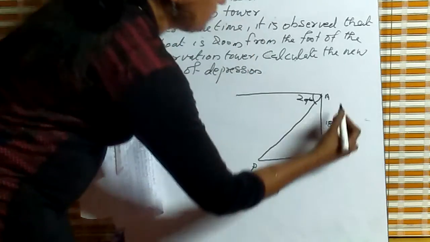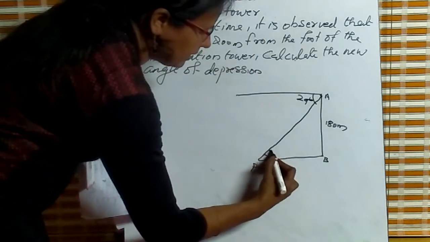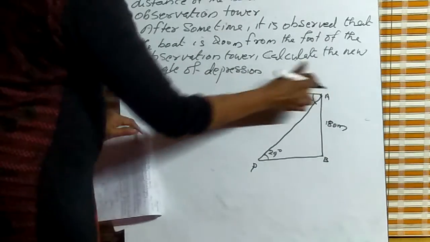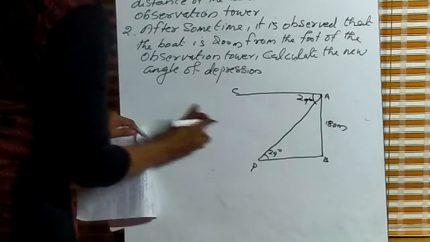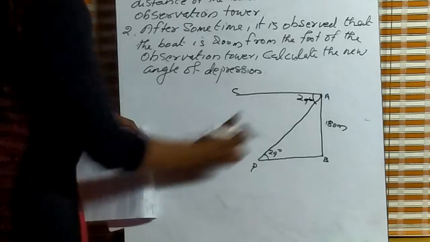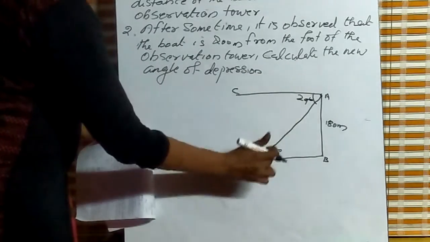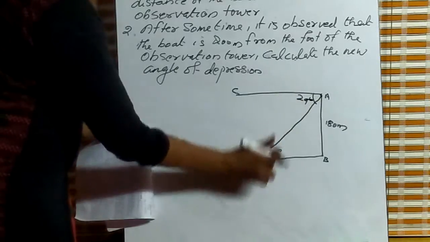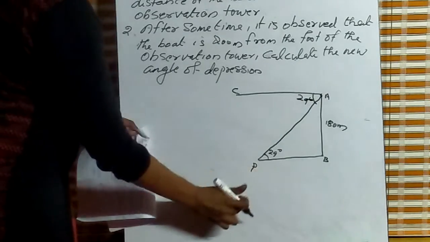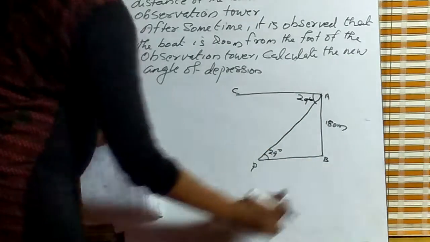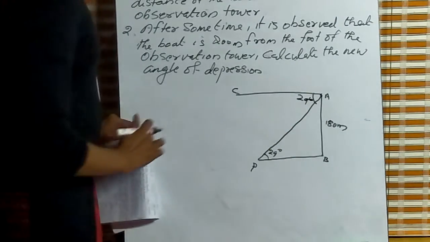By using the property of parallel lines, this angle P is also 29 degree. Here AC and PB are parallel lines and AP is the transversal. So these two angles are alternate angles, so they are equal in measure. We get angle APB also 29 degree.